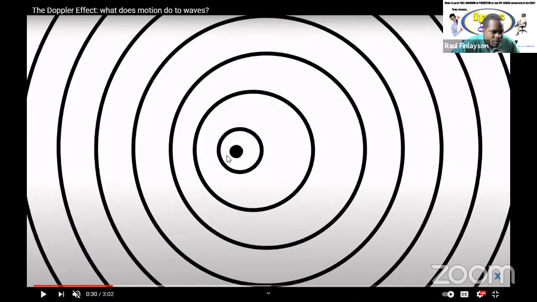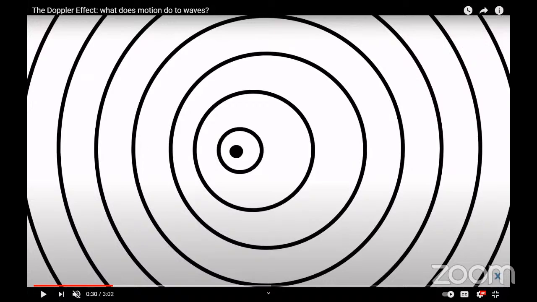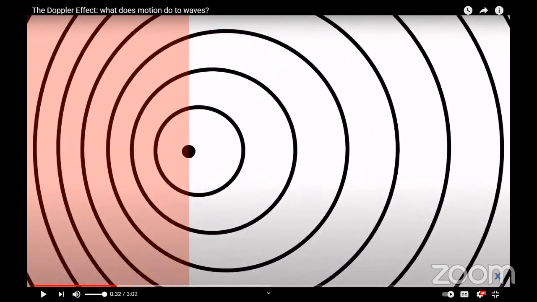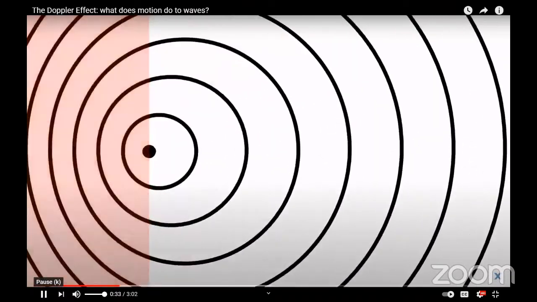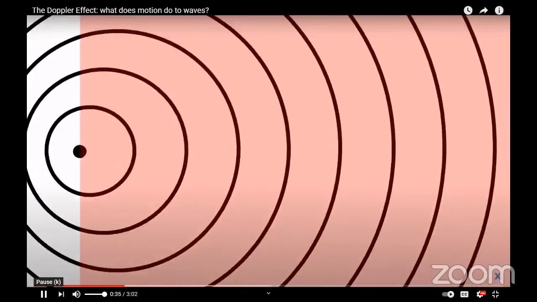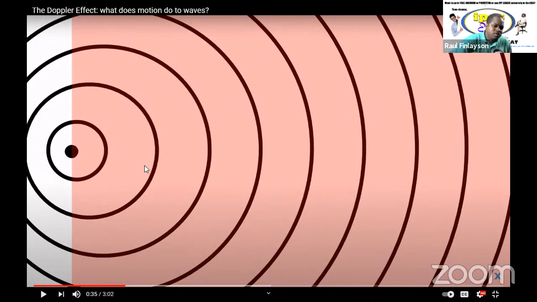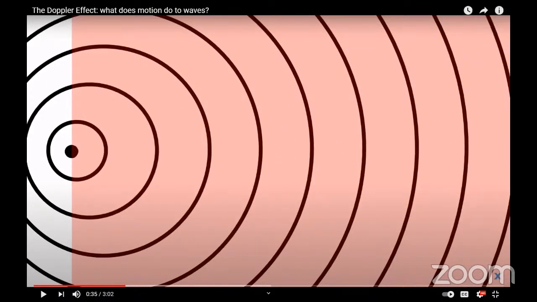You see the distance between these circles is changing. So again, pay attention to that. The wavefronts bunch up, and behind it, they spread out. All right, watch this now. So you see, when it passes now, you notice it gets bigger. You see it? Yes, sir.